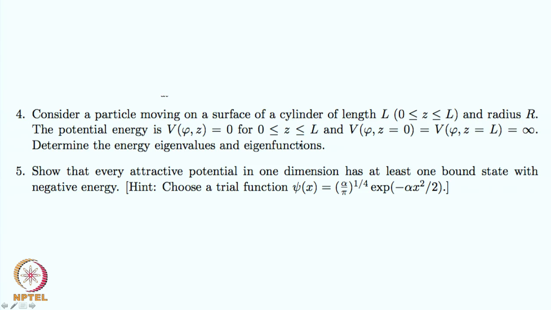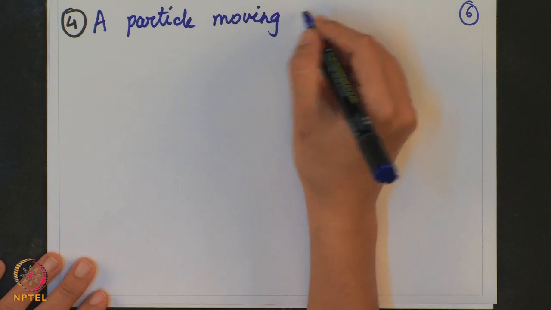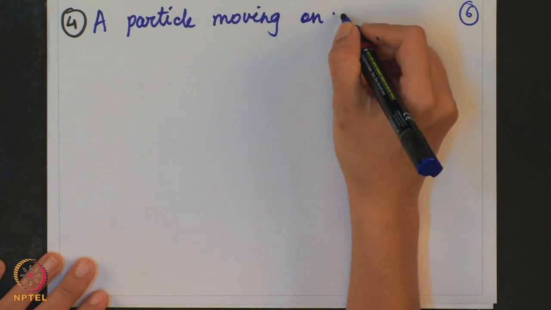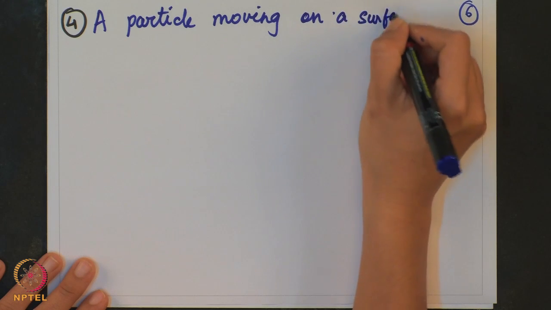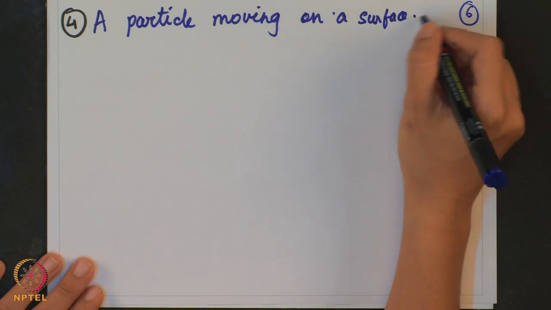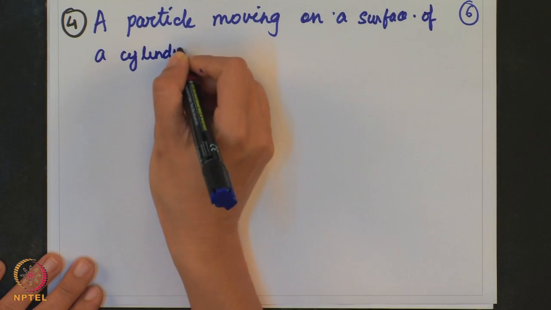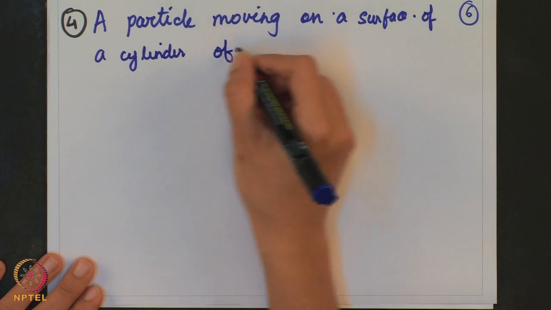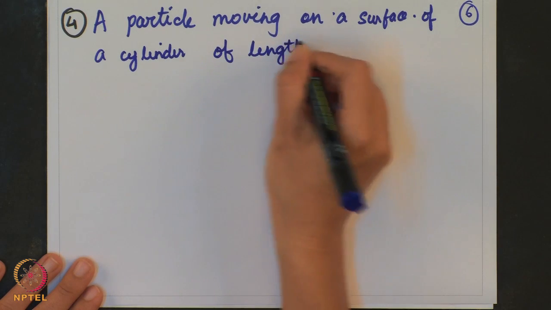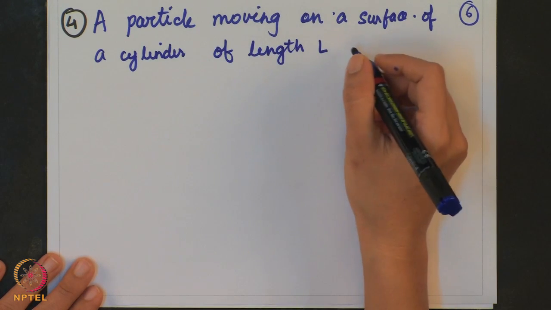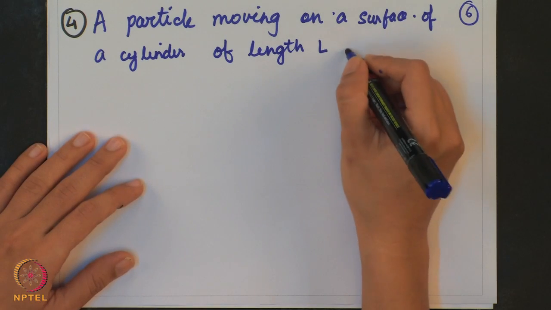The trick will be the same. Here it is very convenient to use cylindrical coordinates, so I will be using that. You can use Cartesian coordinates also for a particle moving on the surface of a cylinder of length L and radius r.